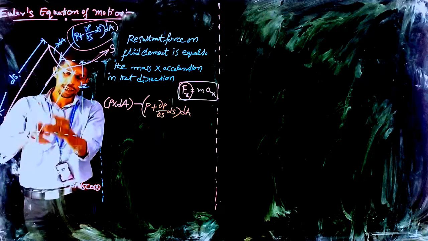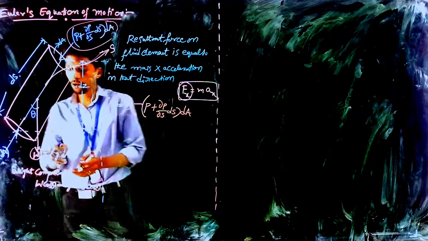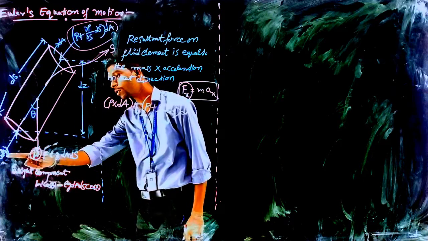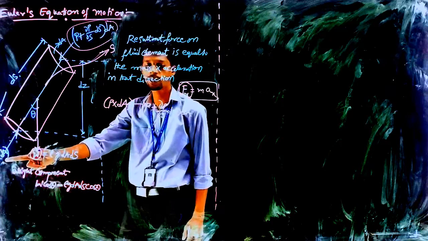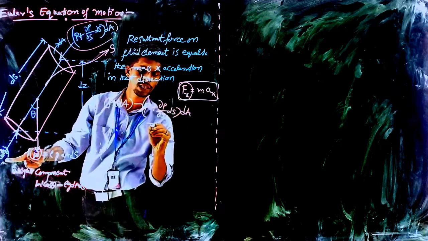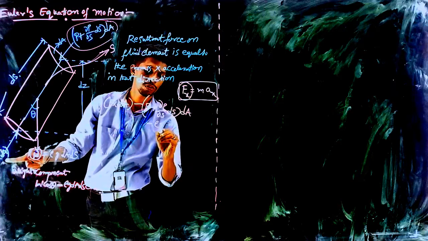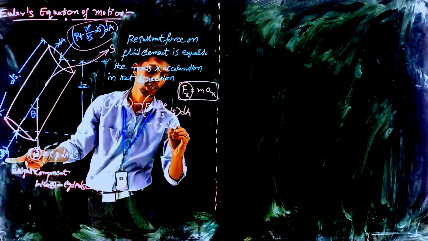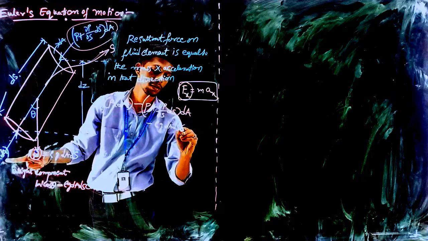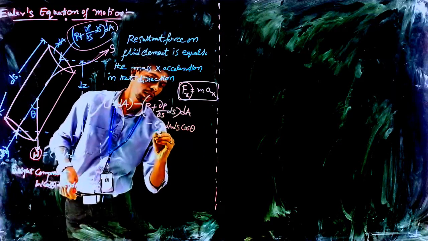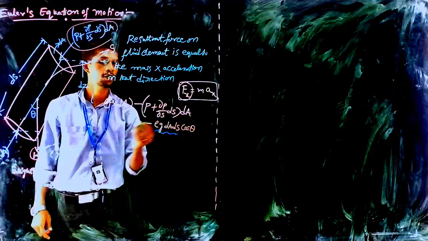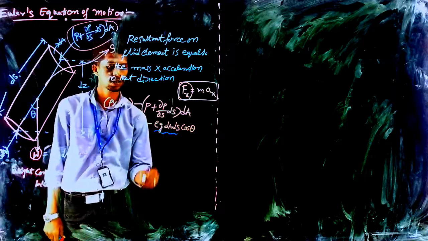Again, this weight is acting in the downward direction. If you resolve this weight component along this line, it is also acting opposite to the first pressure force. So it is also minus rho g dA into ds cos theta. So this represents the weight into cos theta, W cos theta.